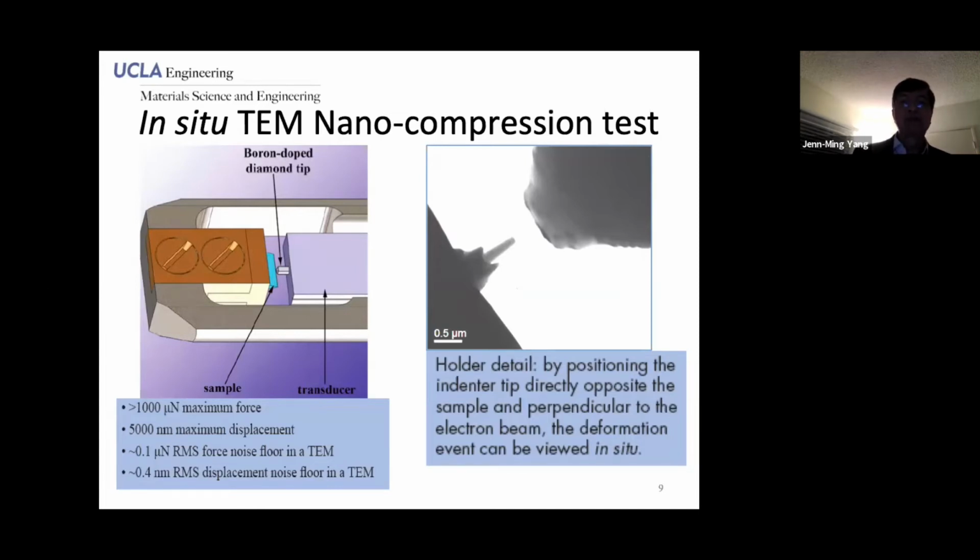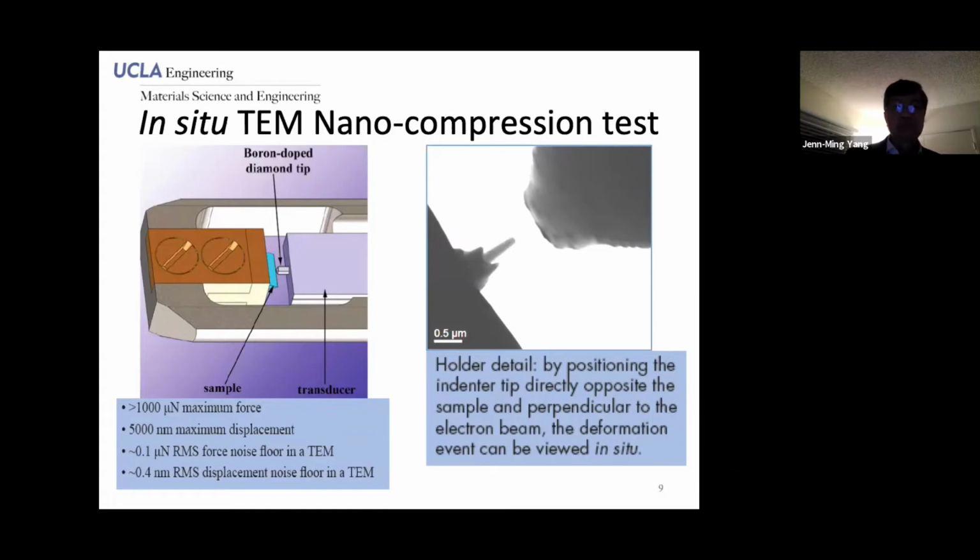One of the limits of this in situ TEM holder is that it has a relatively limited loading capability. In this case, it's just a little over 1,000 micronewton of maximum force.